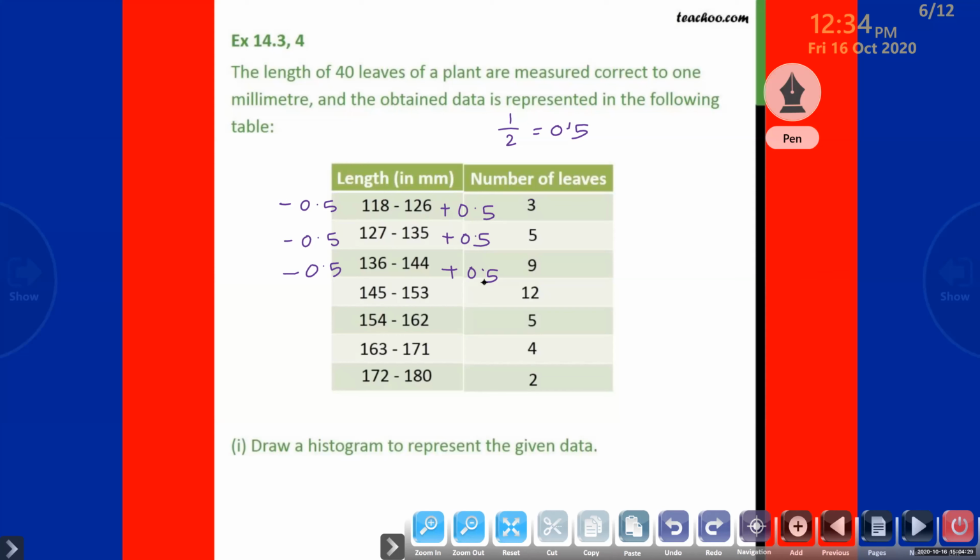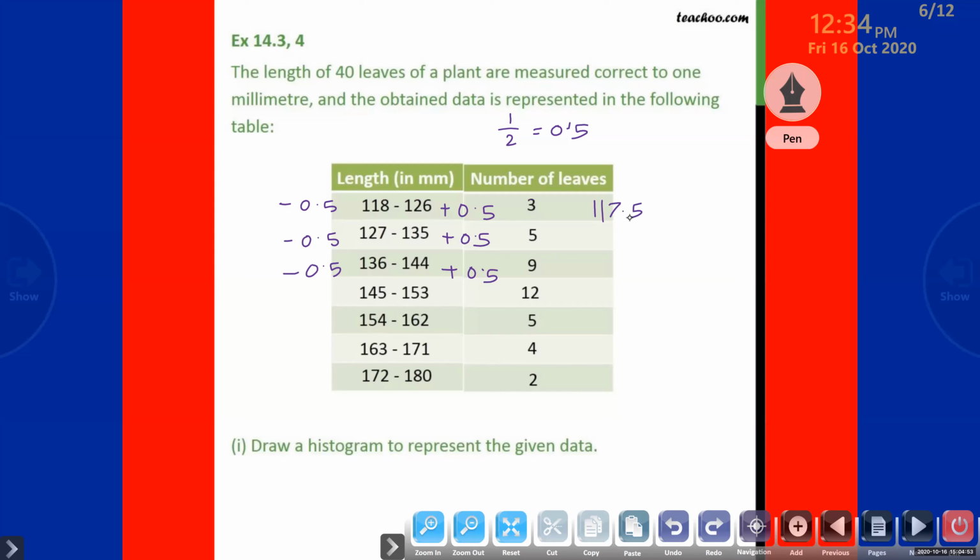Tell the answer. 117.5. Why can't you tell this?